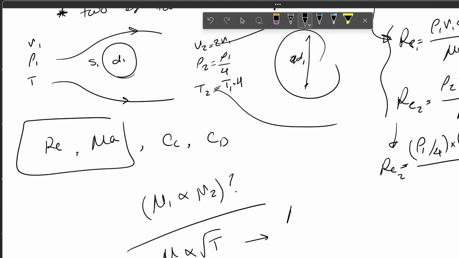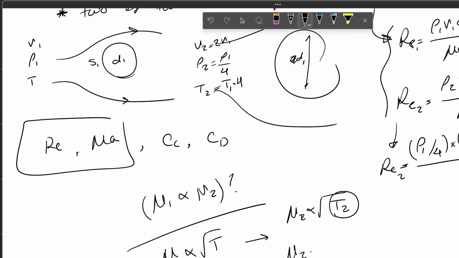Which essentially means that the viscosity at 2 is related to the square root of temperature at 2. I'm going to substitute this for T1 multiplied by 4.